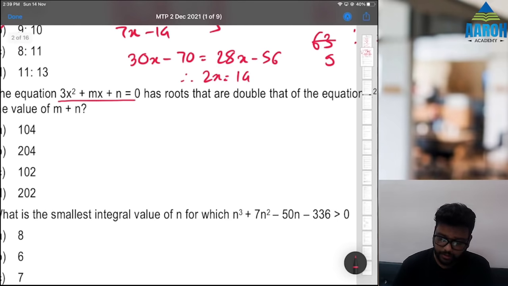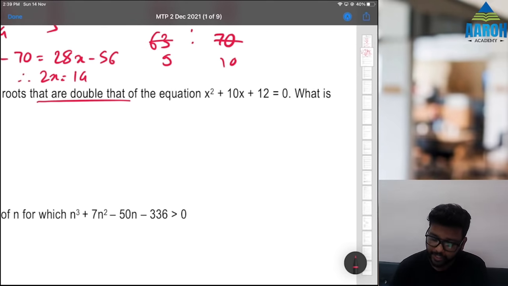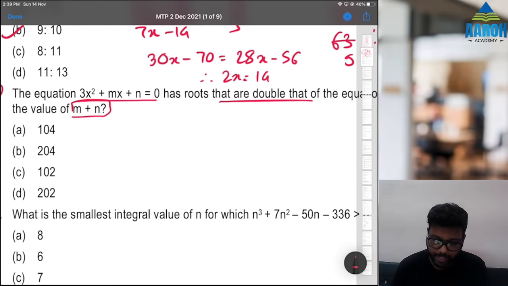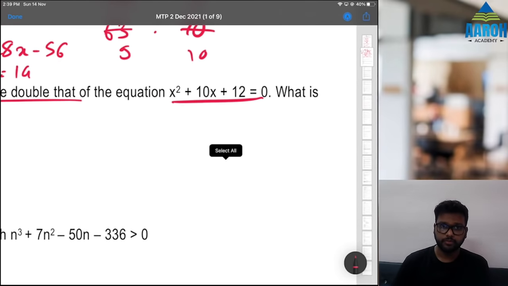This equation has roots that are double that of this equation. What is the value of m plus n? It's a good question. Let me open notes so that I'll be able to explain it better.